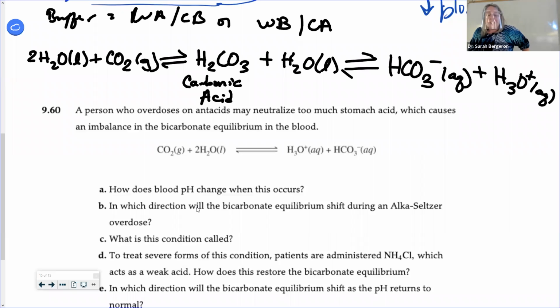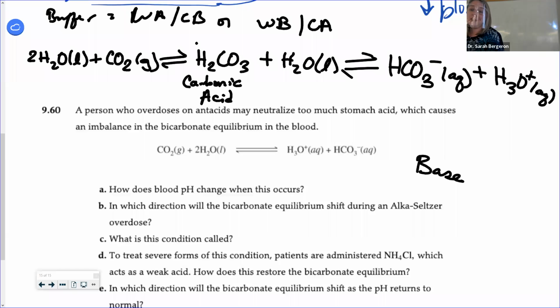So think about what happens when somebody takes too much of an antacid. It's going to soak up all of the acid in the stomach, so you'll neutralize the stomach acid. But then that antacid they took, which is really a base, will actually enter the bloodstream. So that base is going to react with what?